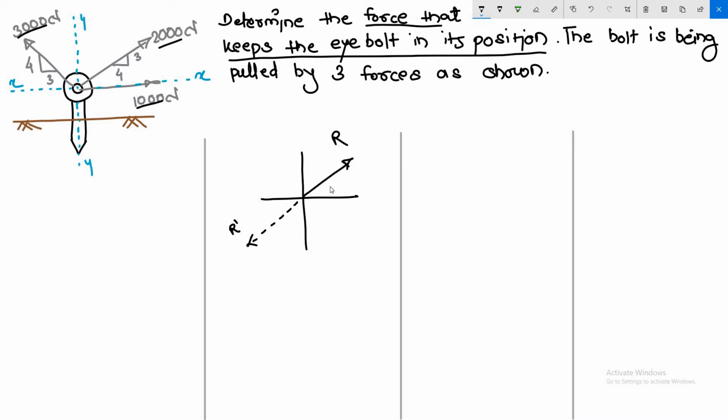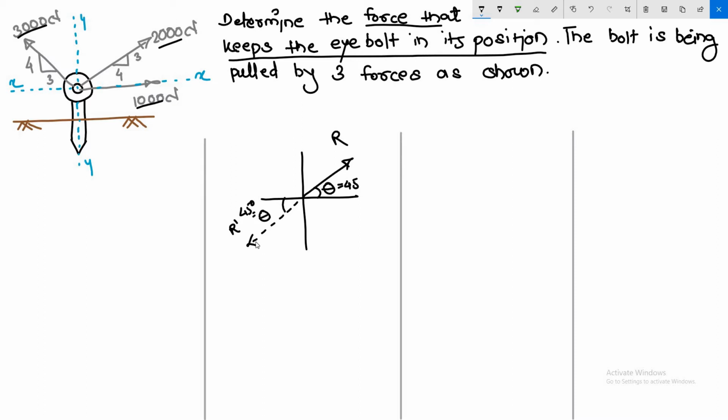See here, R is the resultant, R dash is the equilibrant force. For example, if theta is the inclination of the resultant, then the same inclination will be for R dash. If theta is 45, then it will be 45 for R dash. What is the similarity and difference?